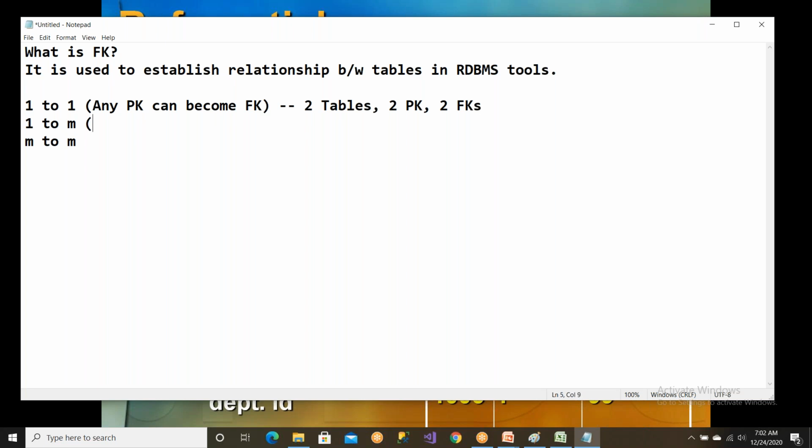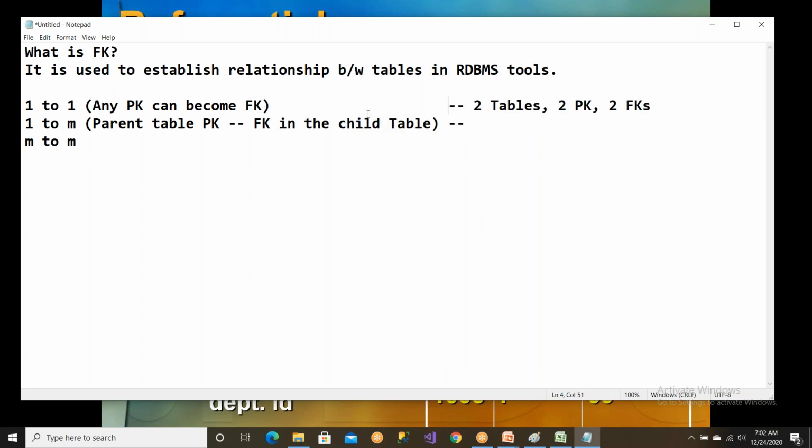Now here, the parent table's primary key can become a foreign key in the child table. So this is the point. Clear? Here we have two tables and two primary keys, but the foreign key is only one, parent to child, P to C.